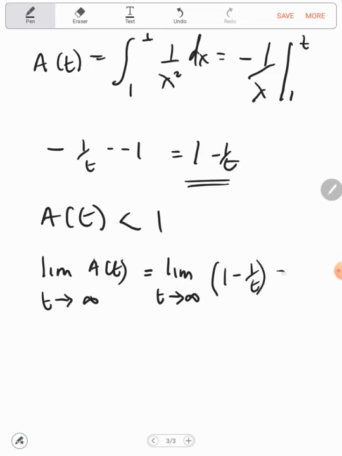That is the answer that we have found. This limit is going to give us a 1. Remember, when we put infinity there, 1 over infinity is 0. So our limit becomes 1. We notice here that our limit is finite, which is a number. We can conclude therefore that the integral from 1 to infinity of 1 over x squared dx is equal to 1.